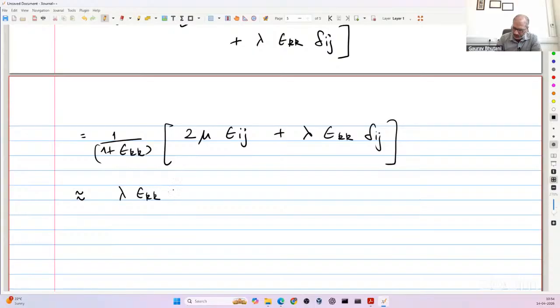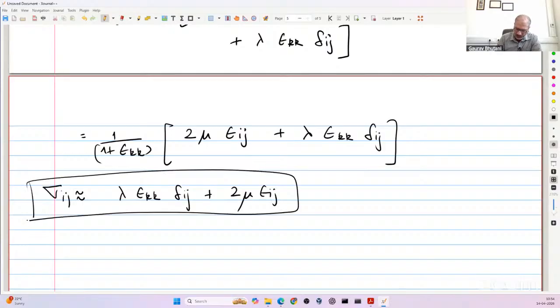Lambda epsilon kk delta ij plus 2 mu epsilon ij. That's your sigma ij. So this is exactly what we have for an isotropic linear elastic constitutive model for small strain situations.